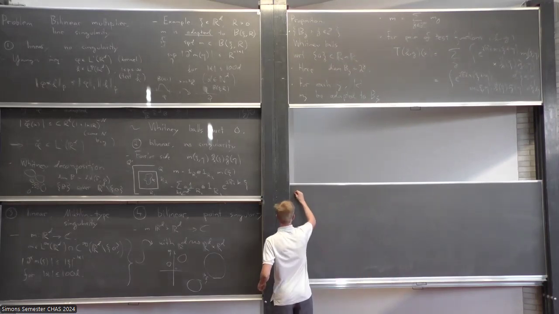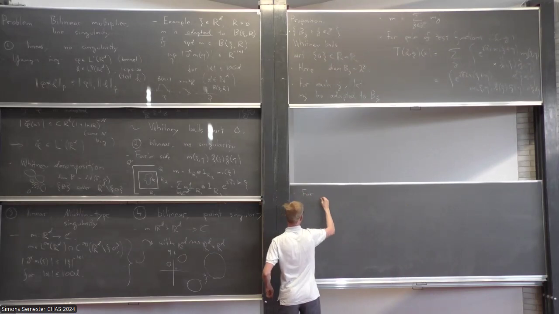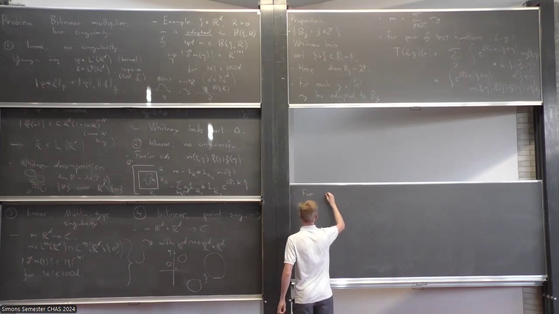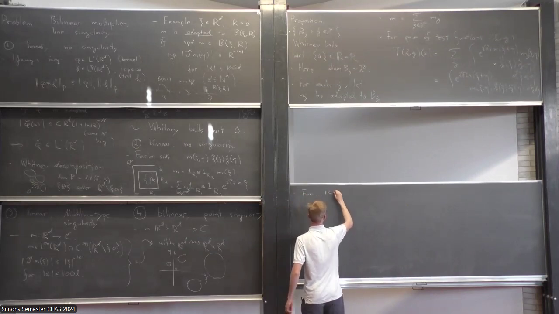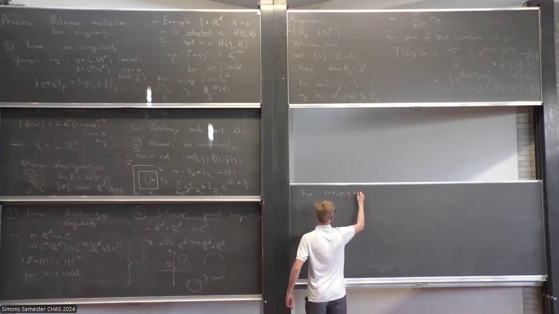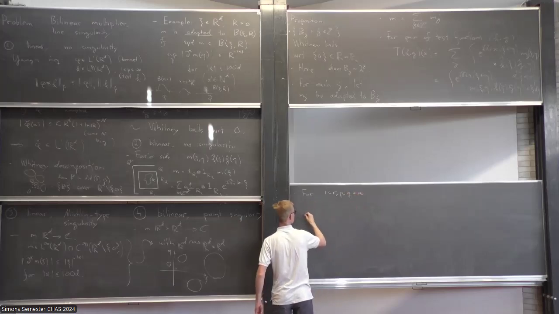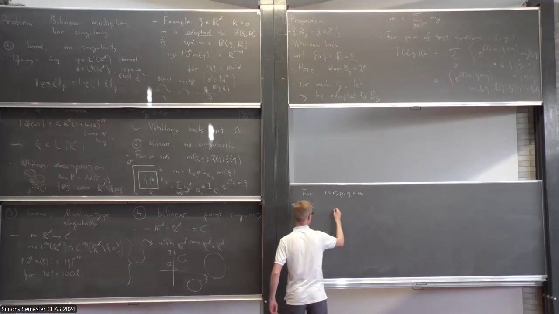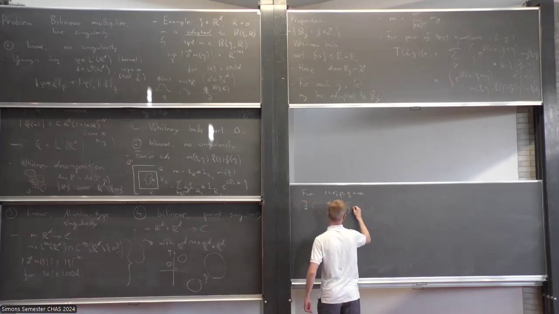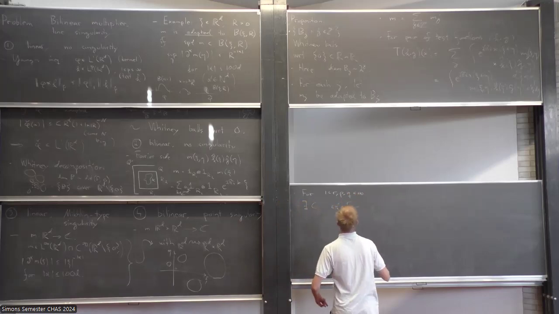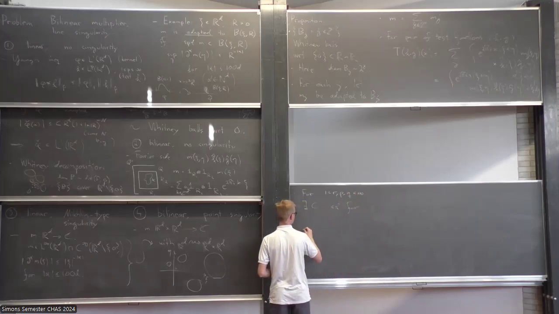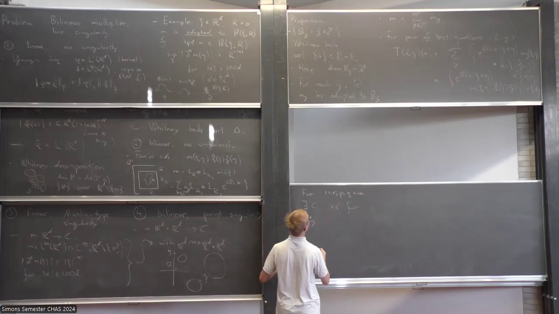Okay, and then I say that for a triple of exponents, we have constants such that for a pair of test functions, we have the bound we already have.